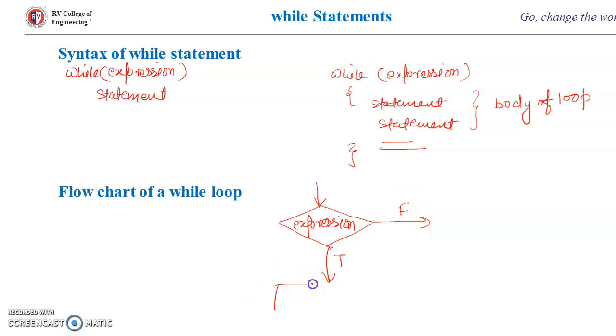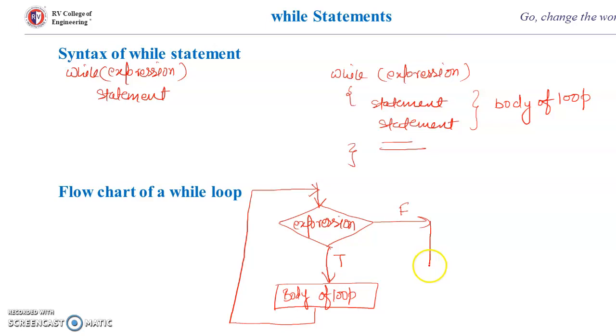When it is true, whatever statements we define in the body, that is called the body of the loop, will be executed. And once this condition becomes false, we come out of the loop, and whatever statement we have written outside the loop will be executed.